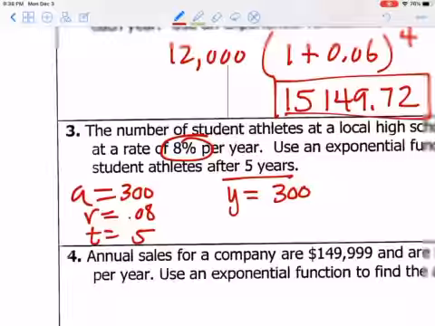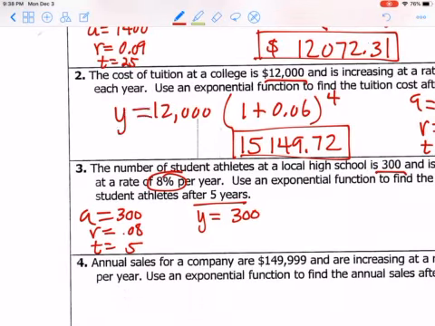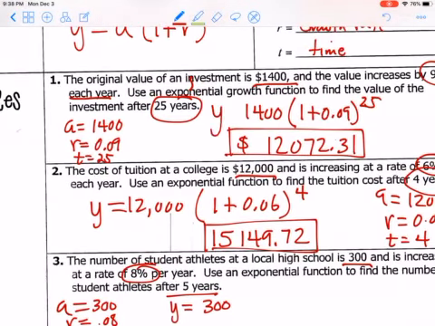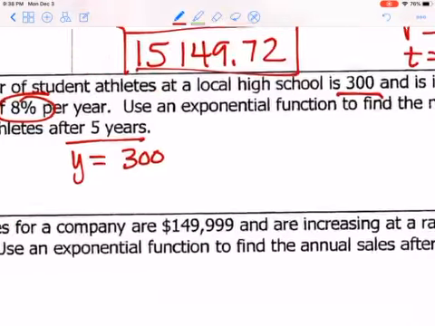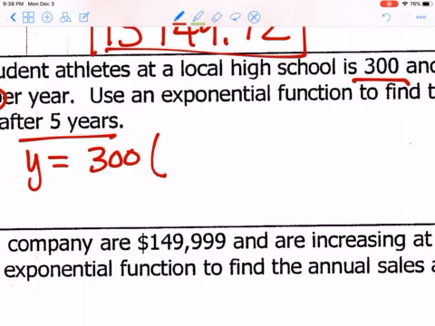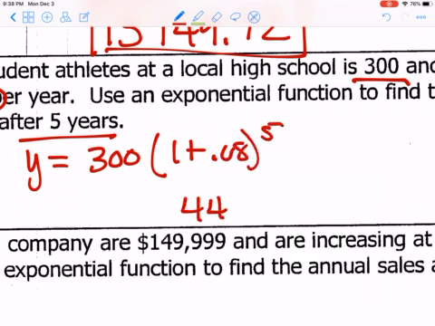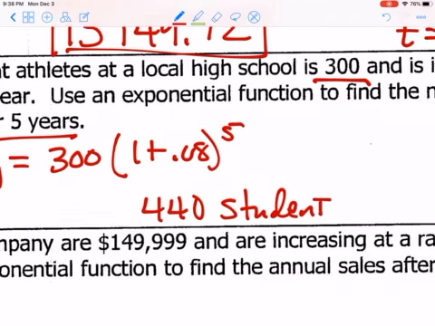I guess I kept leaving the y out of the other ones. Please know that the formula would be y equals 300 times 1 plus 0.08 raised to the 5th. When you put that in your calculator, you're going to get 440 student athletes.